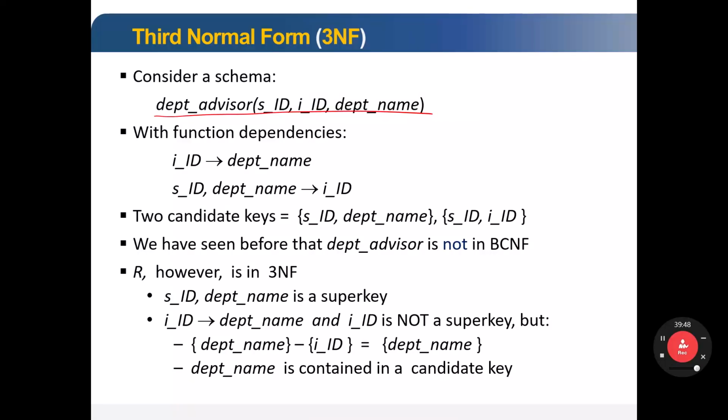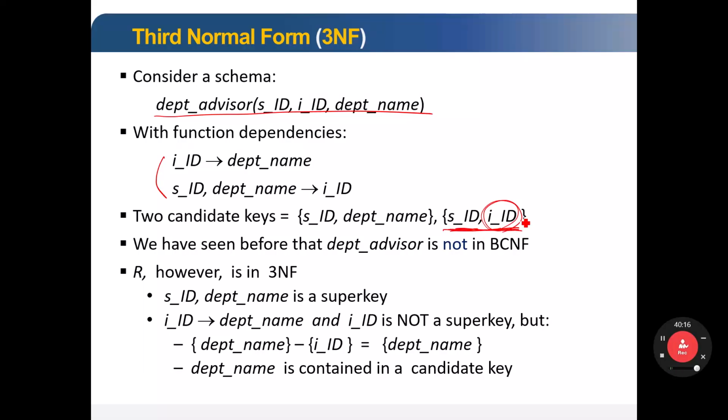Okay. The same example. We have these two functional dependencies. Do we have two candidate keys here? If we know SID and instructor ID, we know the department name, because instructor ID alone can determine department name, and adding an additional attribute doesn't hurt.